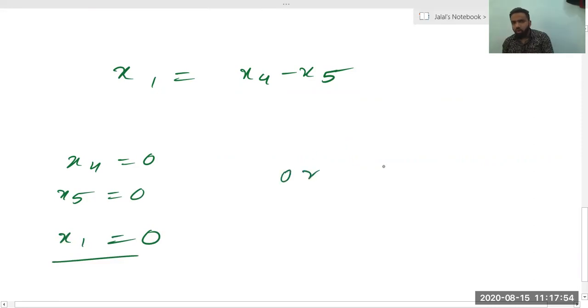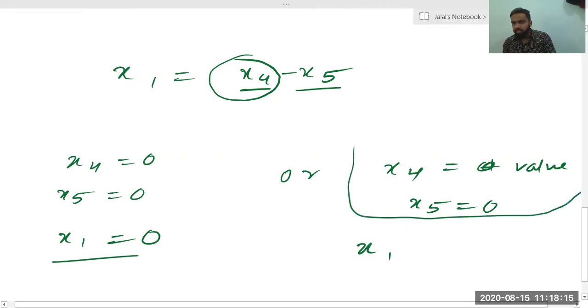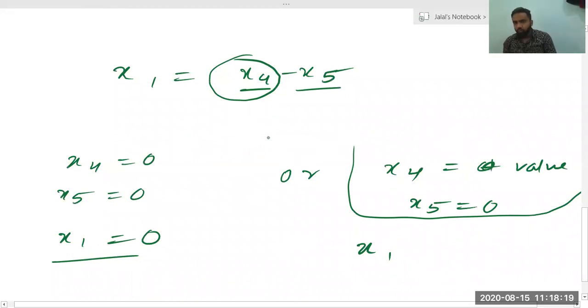Or x4 will have some value and x5 is equal to 0. That means x1 will be positive.